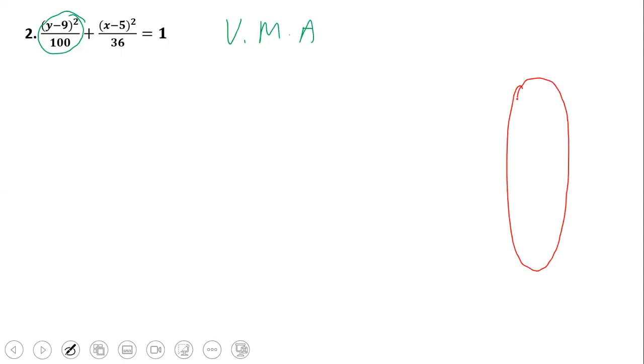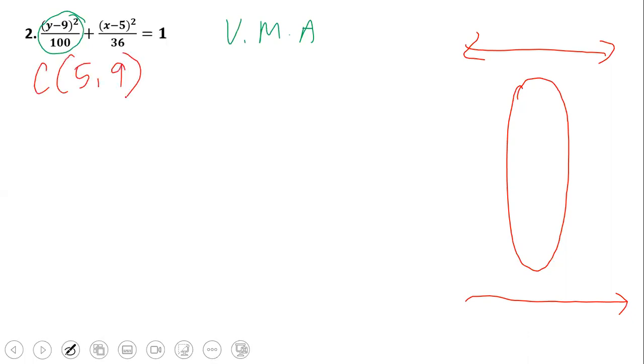Okay. So, you also have already the following form. Kunin natin yung center. Yung center natin is at 5 and 9. Vertex 1, vertex 2, focus 1, focus 2, directrix.